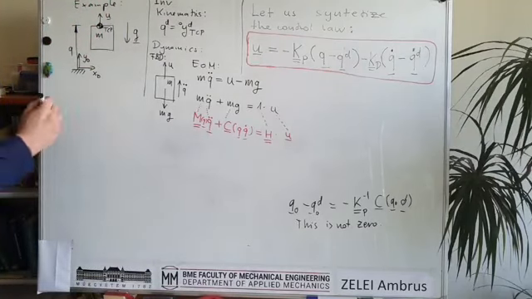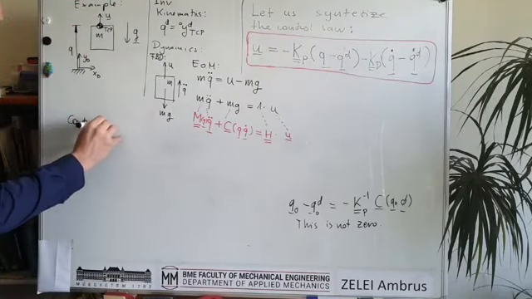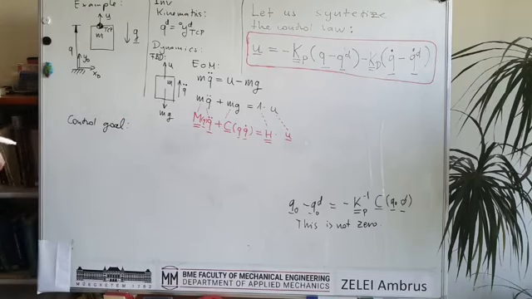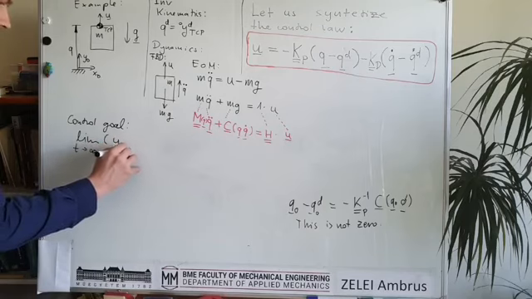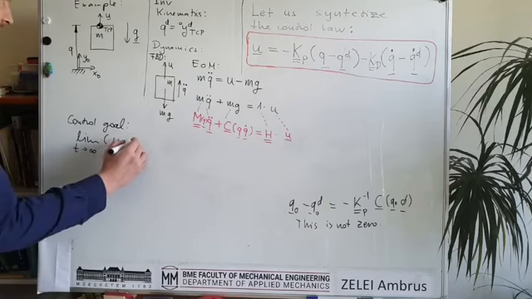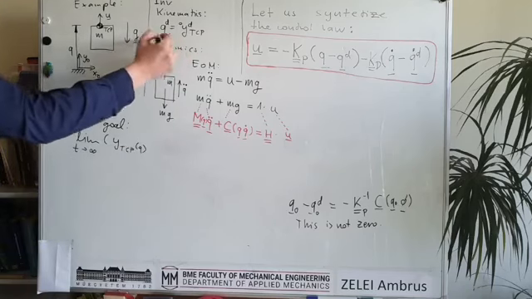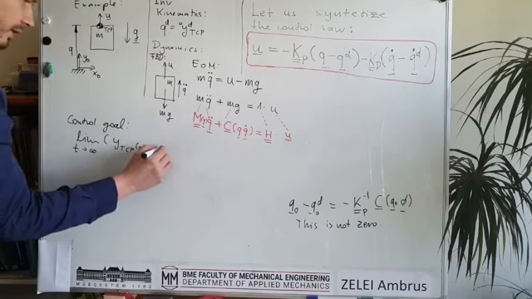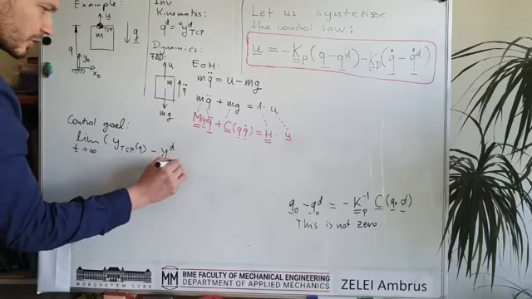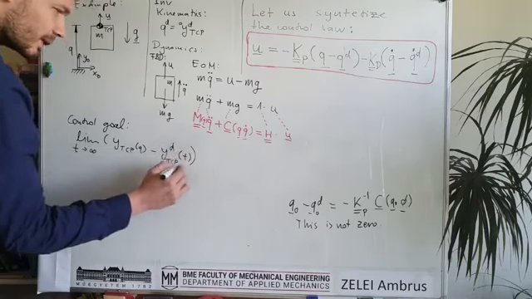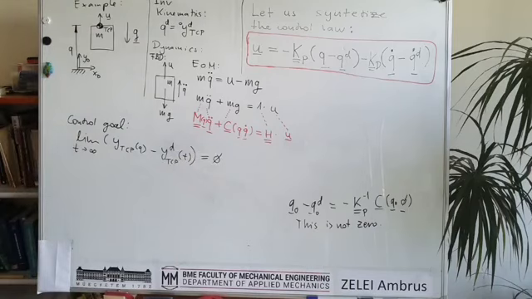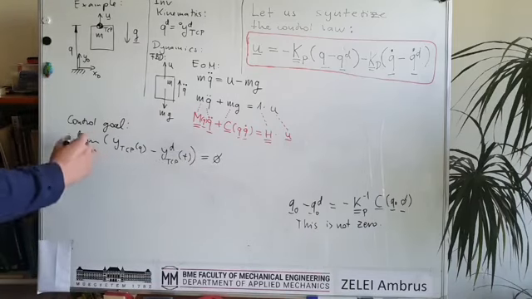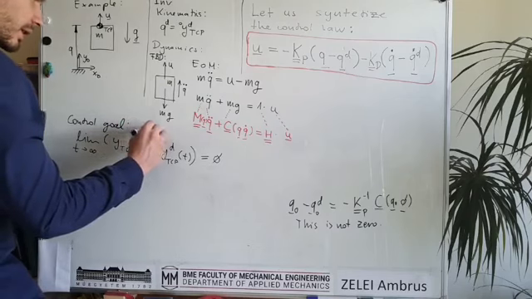So the control goal is that the limit of the tool center point position, which depends on q, here we see, minus the desired tool center point position, which is an explicit function of time, the difference or the error between them, must be 0 if the time goes to infinity. So this is the control goal in the workspace.